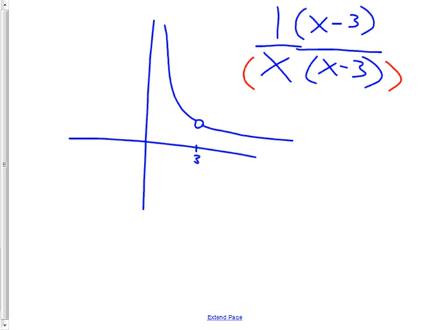The whole top 1 times anything is just itself, so you won't even need the 1. So you wouldn't even need parentheses up there. But anyway, if you graph this, you'd find there'd be an empty spot right there. Because if you stick in 3, what do you get? Oh, that's going to cause a problem. See on the bottom? I got a 0 on the bottom. So don't worry about it too much.